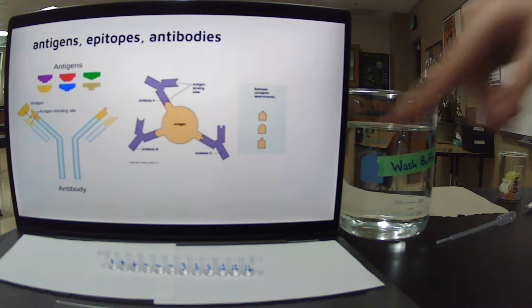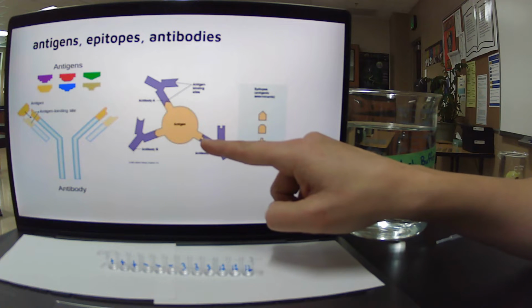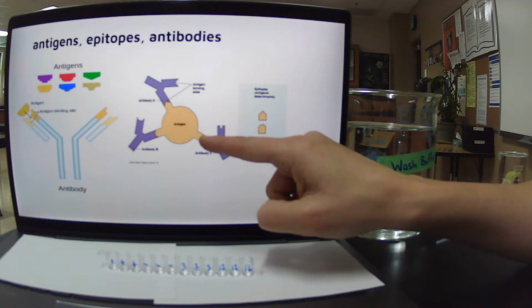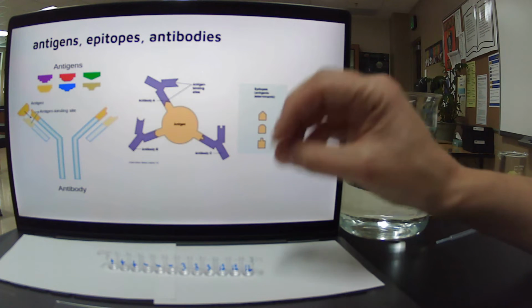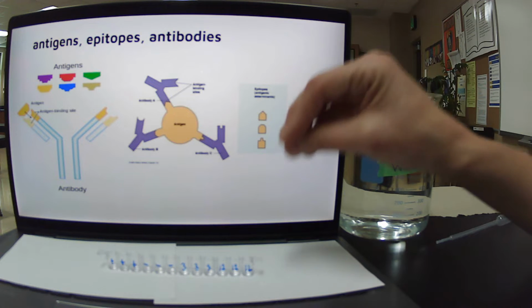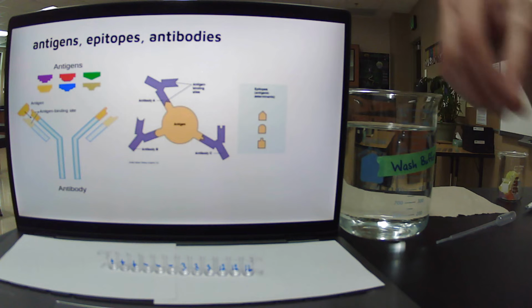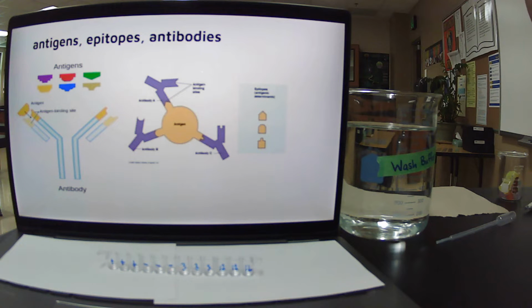Each antibody is specifically shaped to bond with what's called an epitope. That's one little molecular structure that's sticking off of one side of an antigen. And the antigen is the trigger that's causing the immune system to react.